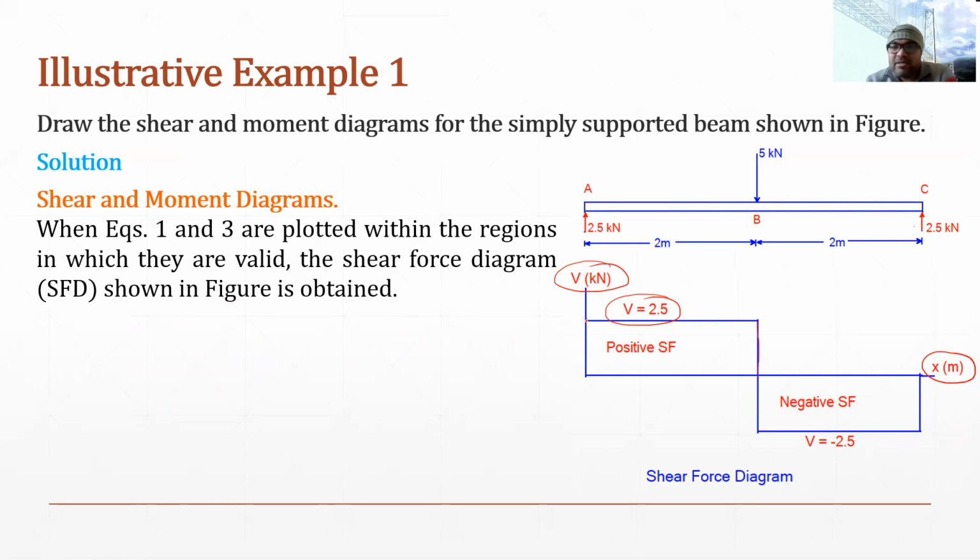At any point V is constant, and that is why we have made this straight horizontal line, which explains that the shear force between A and B is constant with a magnitude of 2.5 kilonewton. Similarly, for BC, the shear force is negative with magnitude 2.5.